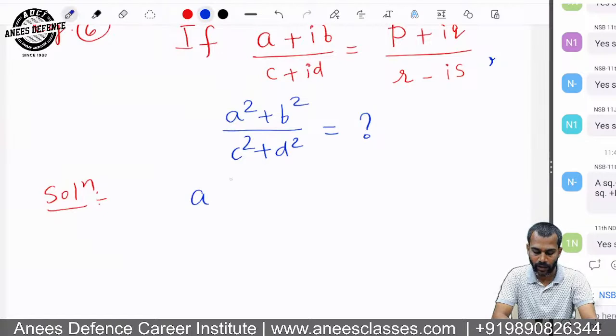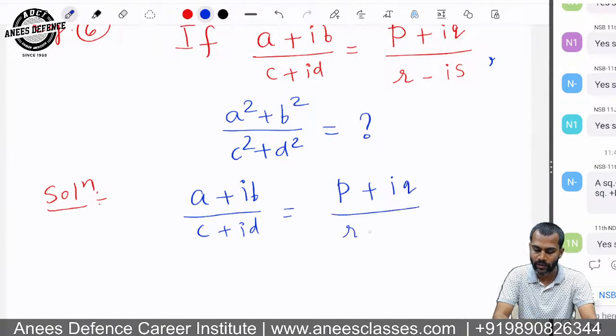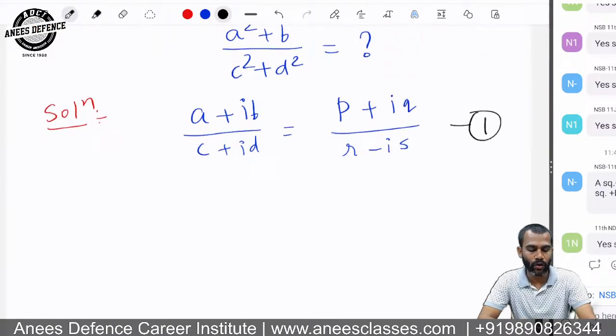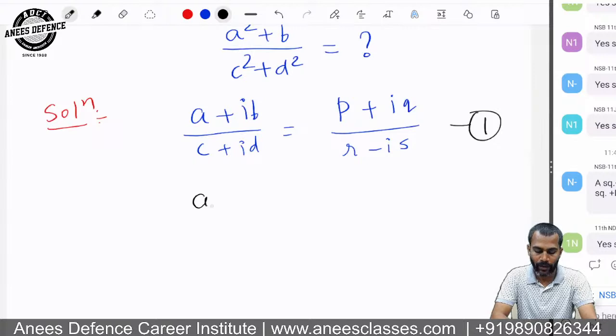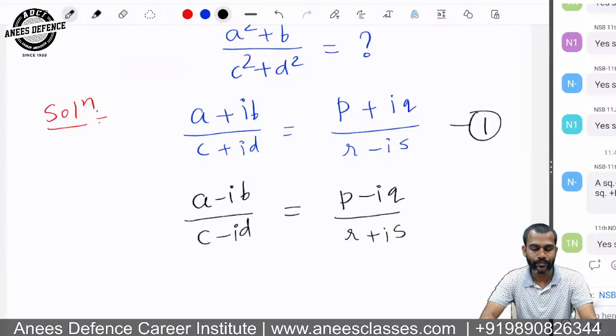Since we have (a plus ib) over (c plus id) is equal to (p plus iq) divided by (r minus is), this is equation number 1. Now, taking conjugate on both sides, what you'll get? (a minus ib) over (c minus id) is equal to (p minus iq) divided by (r plus is).